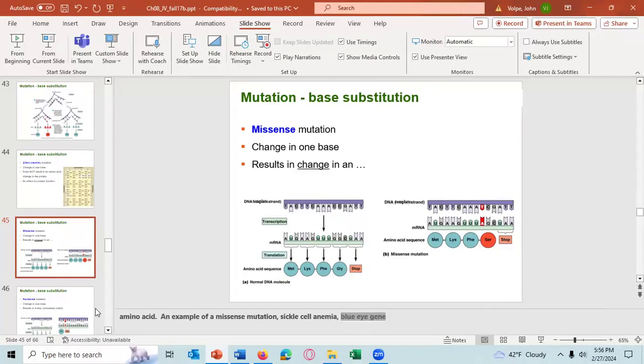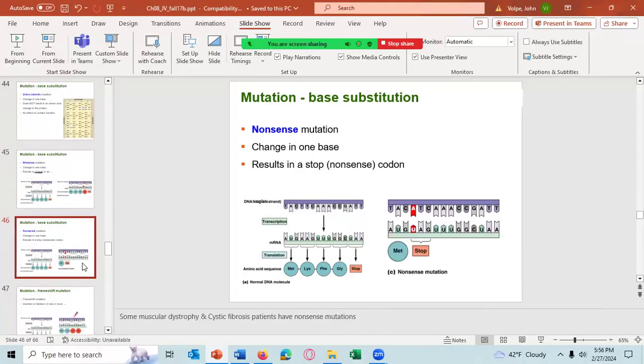All right. The third base substitution is a nonsense mutation where one nucleotide is changed in the DNA and it changes the codon so that instead of coding for an amino acid, it codes for the stop codon.